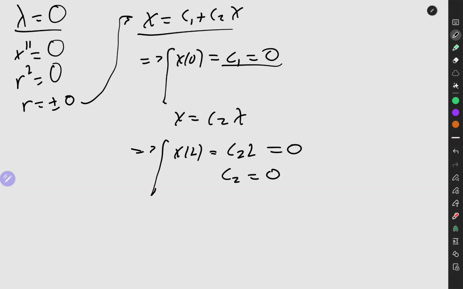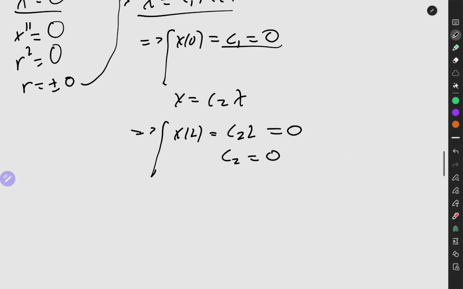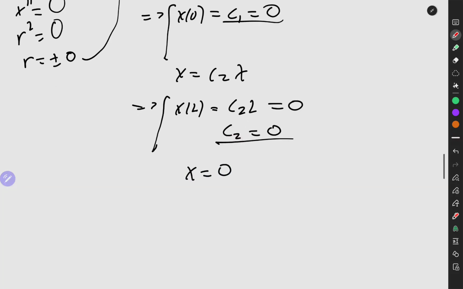So that means you're always going to have some constant that's equal to 0, no matter what the length is. So C2 is going to be 0. If C2 is 0, we know C1 is also 0. So then x is equal to 0. And this is unfortunately a trivial solution.